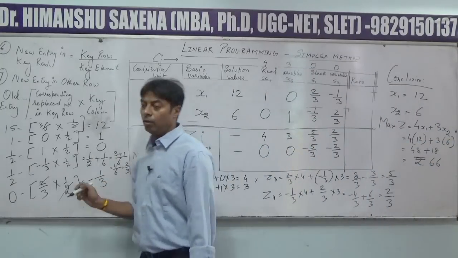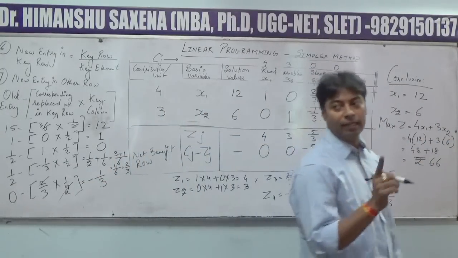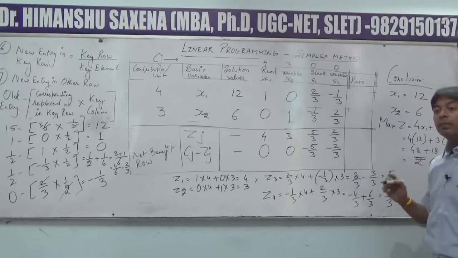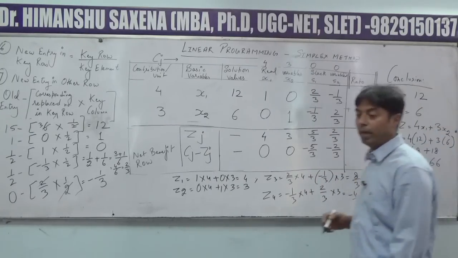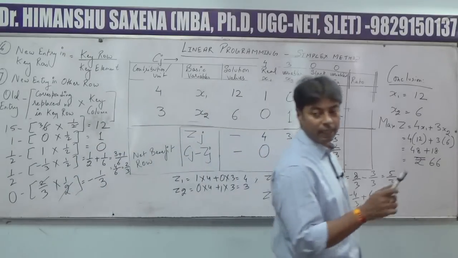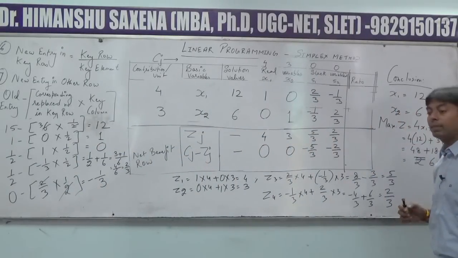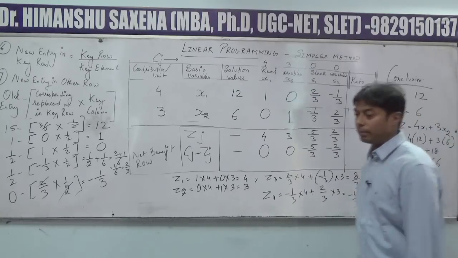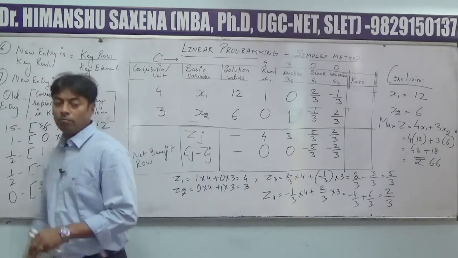So please take down all these values and then write down the conclusion in the statement form. This was in numerical form, and now take down the conclusion in the statement form. Please write it down.